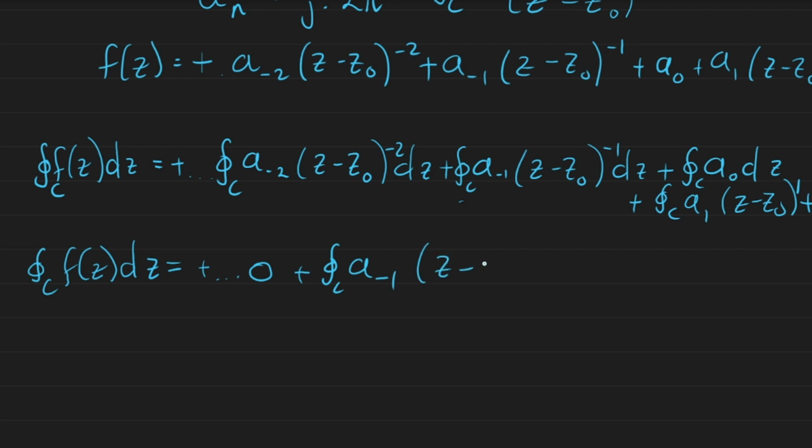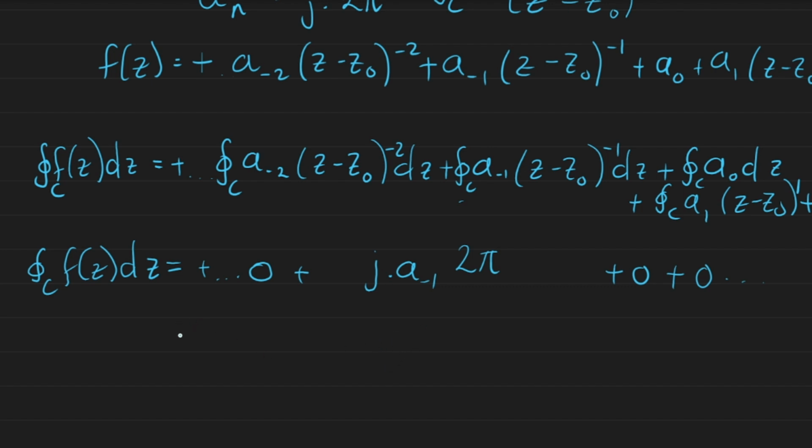So it's a minus 1 times the integral of z minus z naught to the power minus 1 dz, plus 0, and everything else is 0. Okay? And what's the value of this integral? This value of this integral is simply j2 pi, which we had derived earlier. So this thing is just j times a minus 1 times 2 pi.